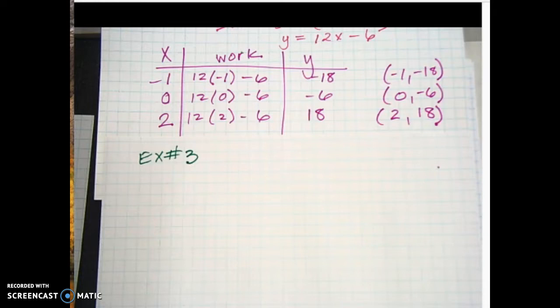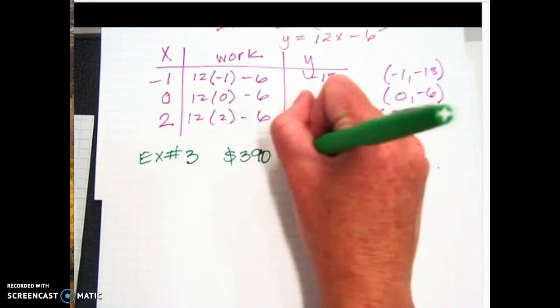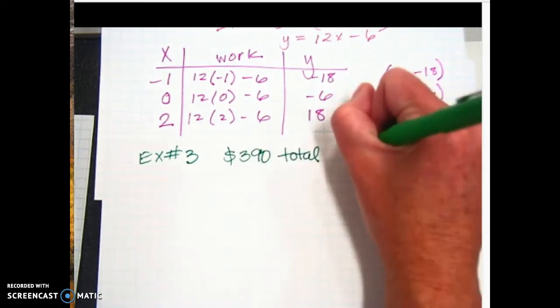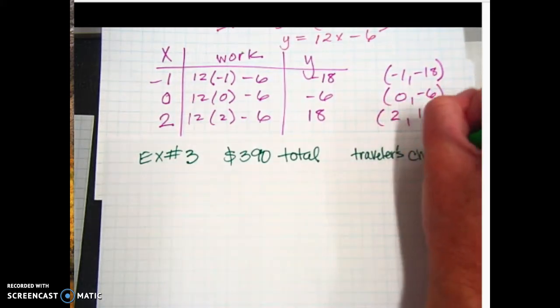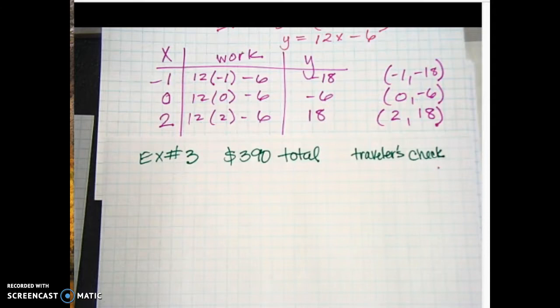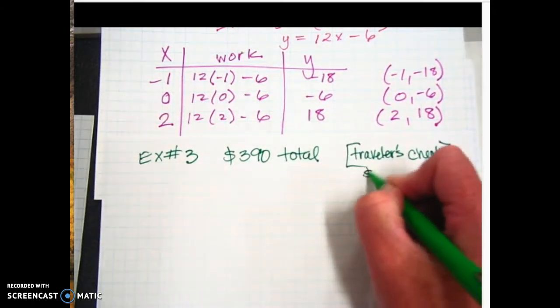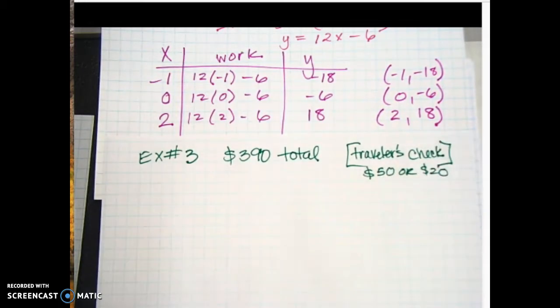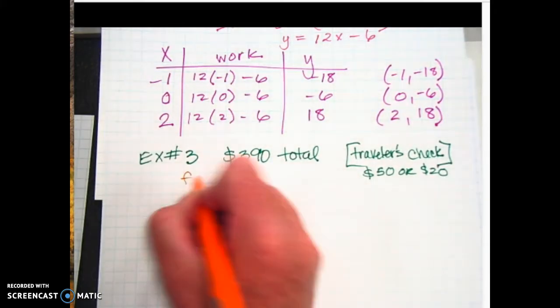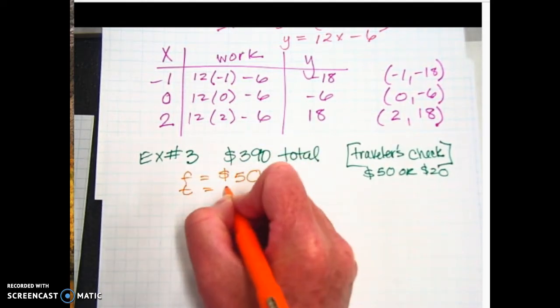Okay? All right. So we've got $390 total, and these are in traveler's checks, and they have exact amounts. Some of them are $50 and some of them are $20. So we'll have F be the $50 ones and we'll have T be the $20 ones.